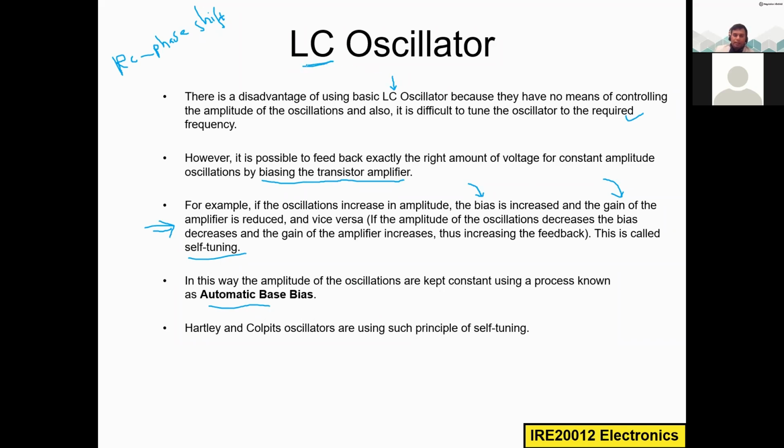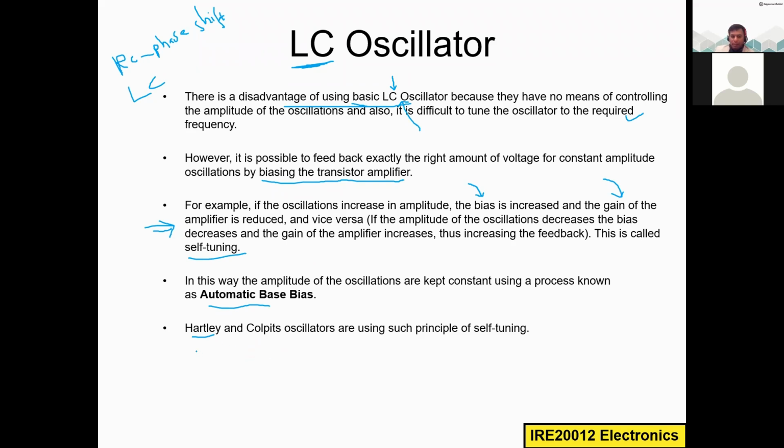When we talk about the LC oscillator, we are not going to use the basic one. We need to make some changes in it. We are not going to make the simple LC network. We need to have some kind of special property in the feedback stage.